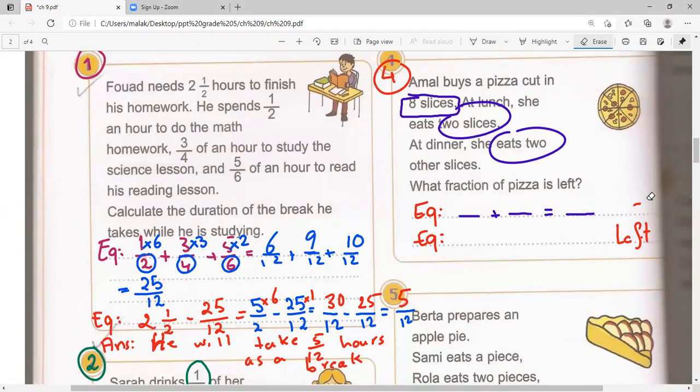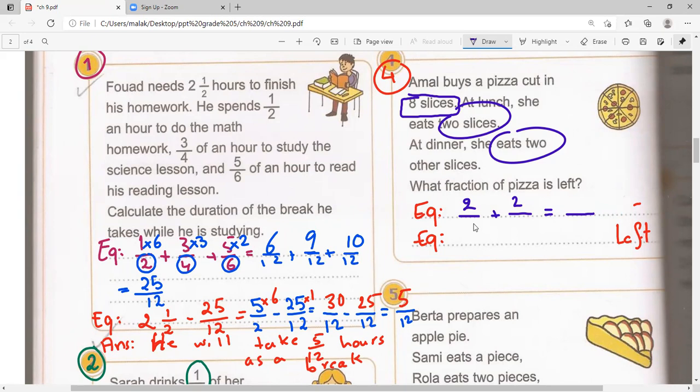How did we get 4/8? 2 plus 2, but we have to write them as a fraction. 8 down and 2 up. So over what?